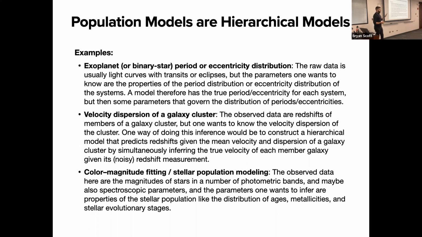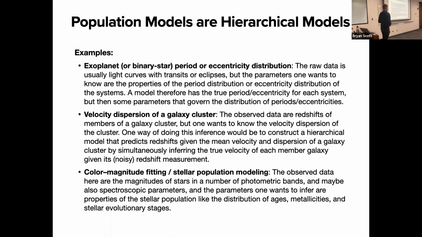The thing you want to learn maybe is the eccentricity distribution or the period distribution of the true systems in your sample. Along the way, to go from the raw light curve data to the distribution of eccentricities, somewhere you have to model the individual eccentricities and periods of each system and connect that to the population, or the distribution of eccentricities. Does that make sense?